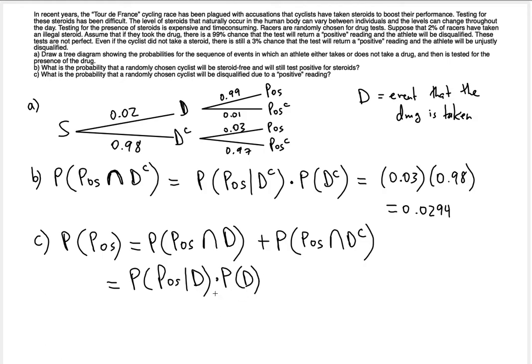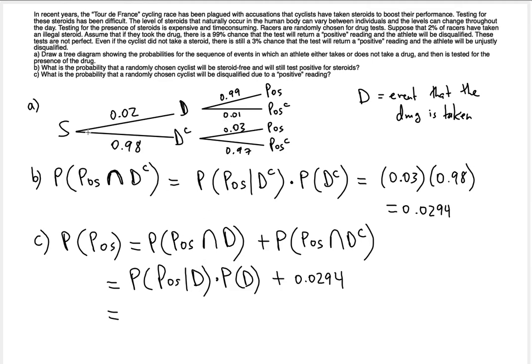That stands for the first term that you see here with the intersection. This is how we split it up using the Bayes rule in the same way as we did here. And then here you don't have to do any work, because we already solved that. This is part B, right? It's just 0.0294. All right, so let's find out what this is using the tree diagram that we created before.